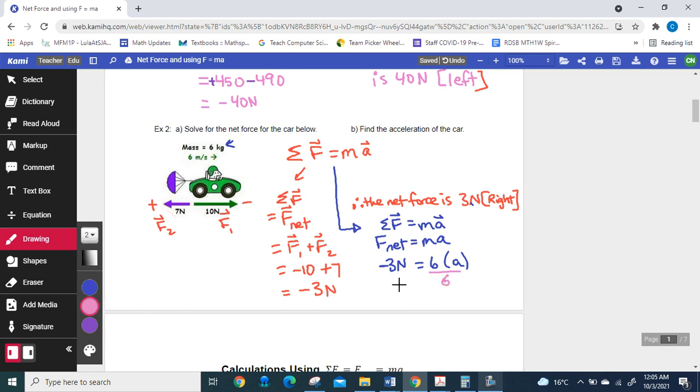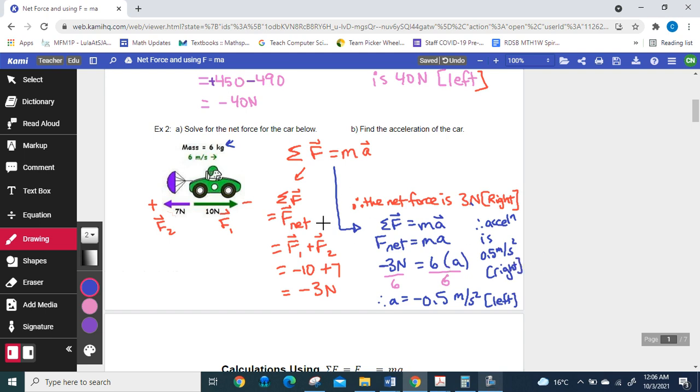Instead of multiply, we're going to divide both sides by 6. Therefore, my acceleration is negative 3 divided by 6, which is negative 0.5. Acceleration is meters per second squared, and it is negative left, which means therefore acceleration is 0.5 meters per second squared to the right.